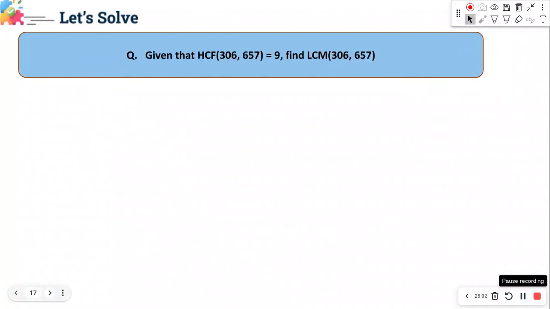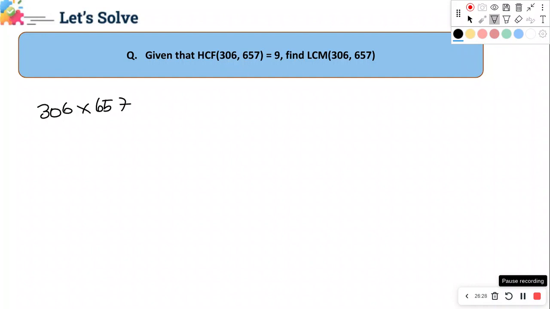Okay. Now, next question. Given that HCF of 306 and 657 is 9, find the LCM of that. अब देखो, again आप same property, आपकी exercise की question है, आप same property apply कर सकते हो. Numbers are 306 and 657.